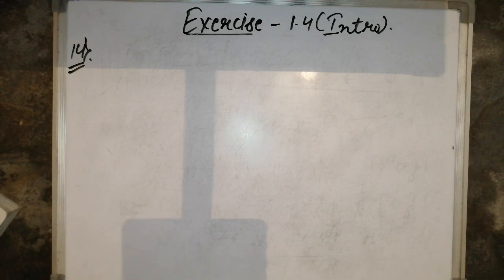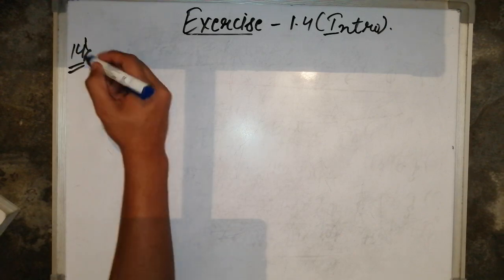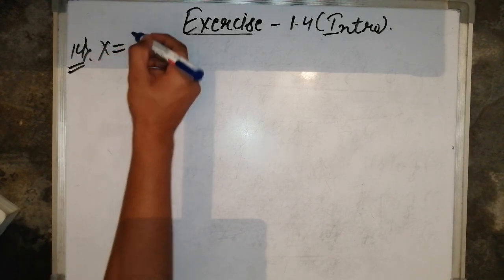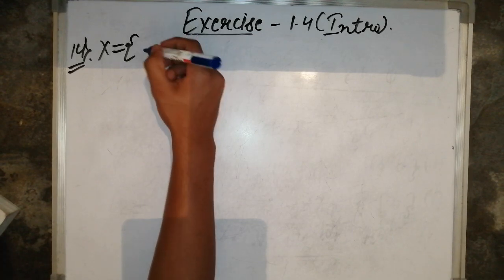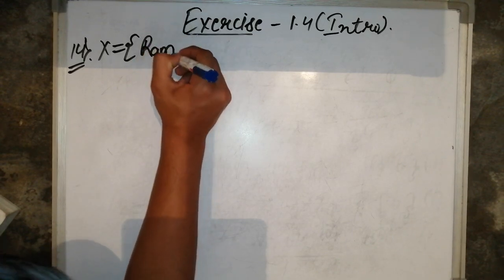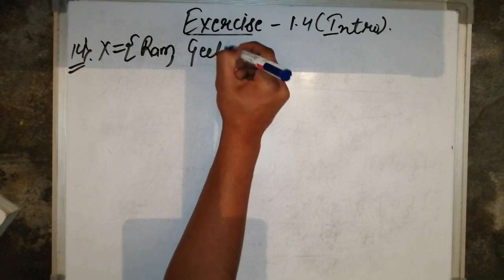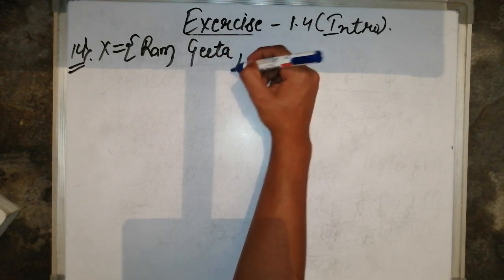Let Y is equal to Geeta, David, Ashok be the set of students from class 11th who are in the school football team. Find X union Y and interpret the set.